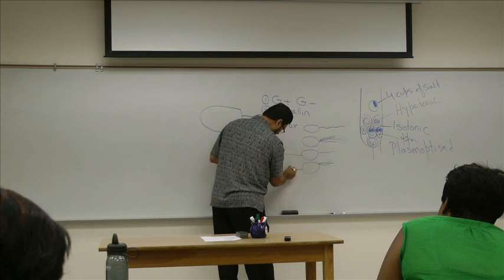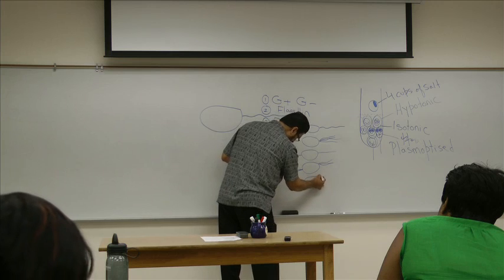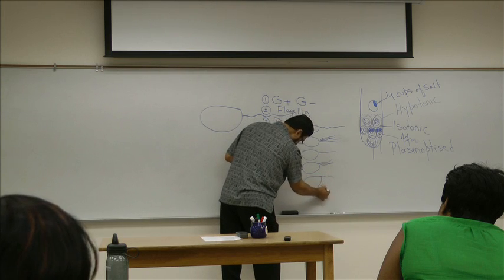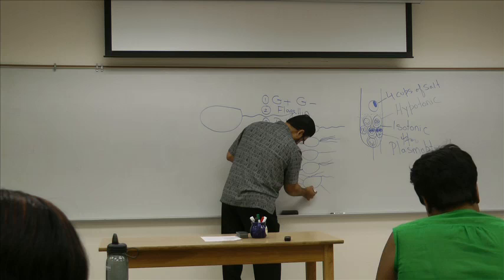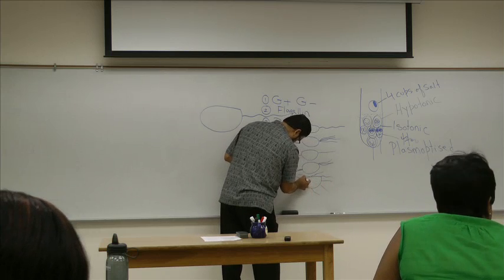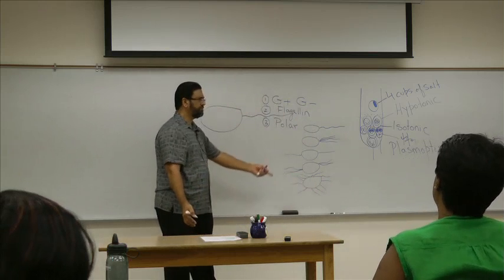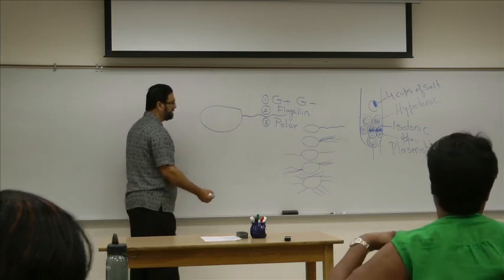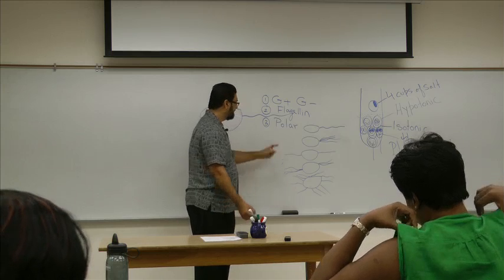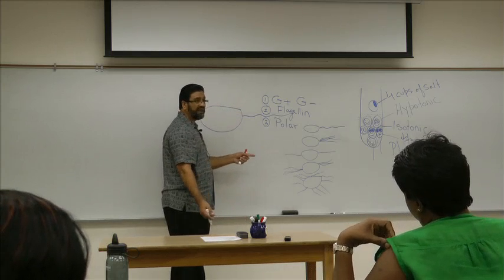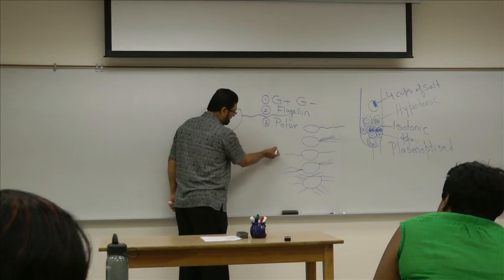Or peritrichous. To the last one, the example of a peritrichous: E. coli looks like that. Salmonella looks like that. The two last ones are the peritrichous? Yeah. And axial filament. Spirochetes have them. Yeah.